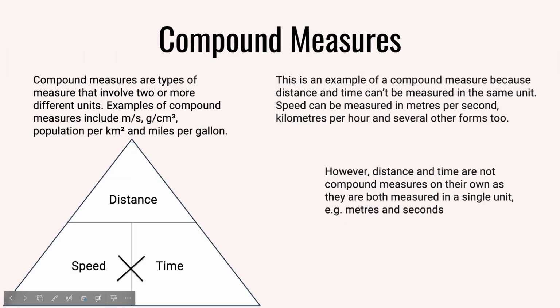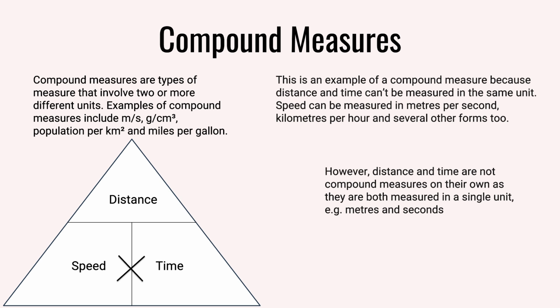Now, let's have a look at the compound measure we've already looked at, which is speed, distance, and time. As we said before, compound measures are types of measures that involve two or more units, such as meters per second and grams per centimeter cubed. This is an example of a compound measure because distance and time can't be the same unit.